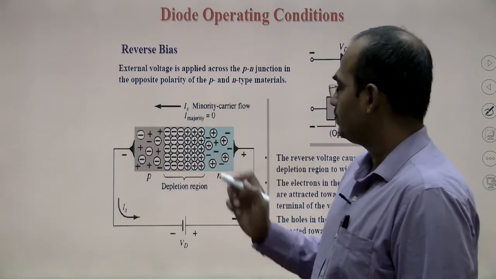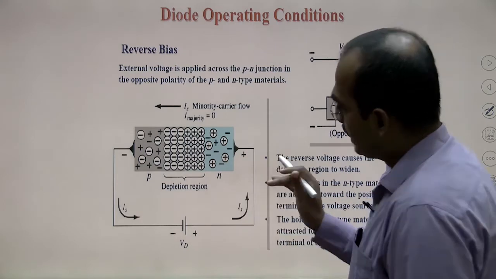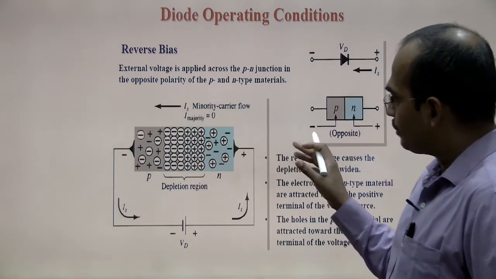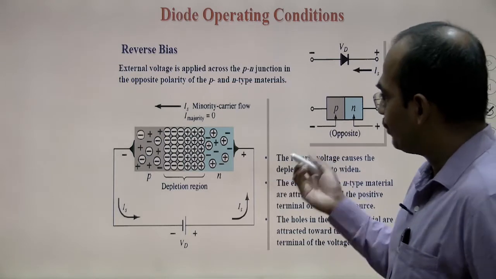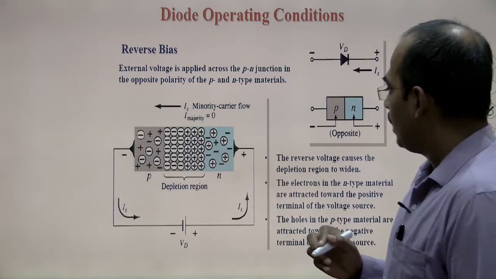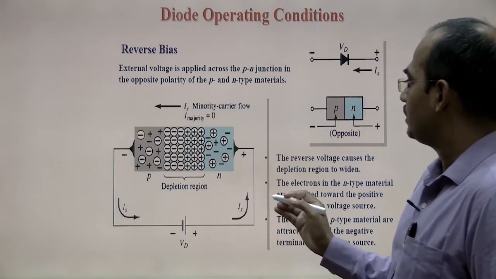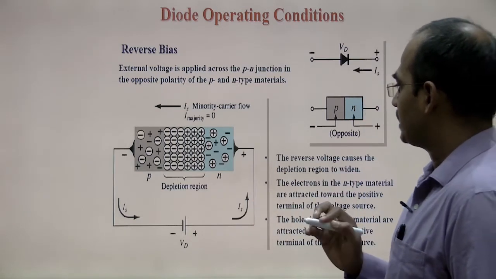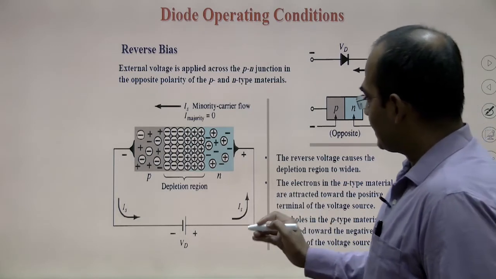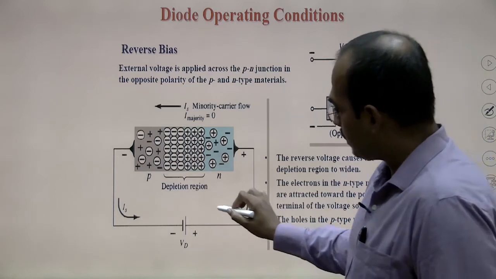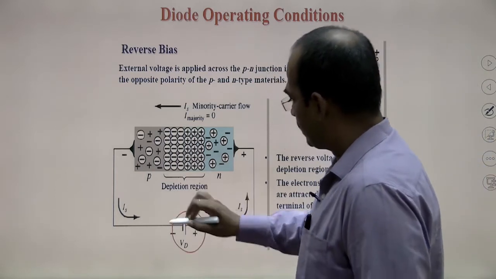So basically the reverse saturation current, or the current constituted by the minority charge carriers, is just because of the thermally generated charge carriers. So you can say that the reverse saturation current is not because of this reverse bias voltage.